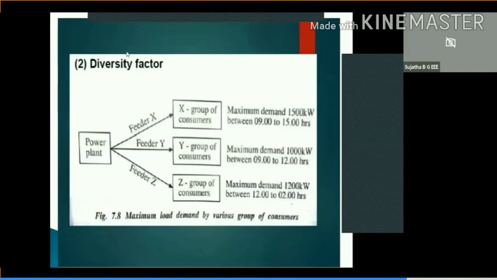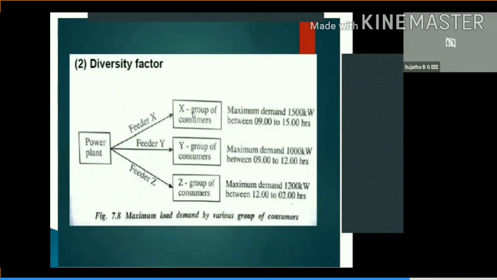You have a power plant, and from the power plant we have, say, 3 feeders. Depending upon the structure, you may have different types of feeders. I have shown feeder X, feeder Y, feeder Z. In feeder X, you have some group of consumers. Again, in feeder Y, you have some group of consumers. Similarly, in feeder Z, you have some set of consumers.